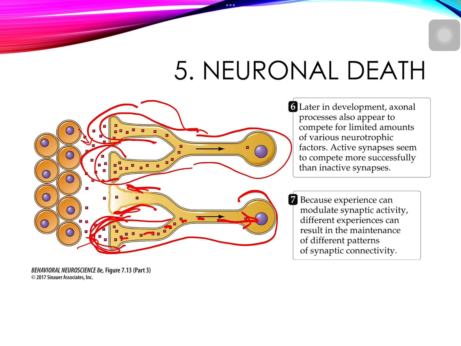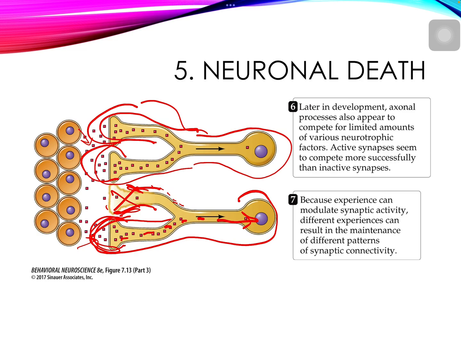And it's likely because this particular synapse is not innervating enough. There's not enough activity there. It's just not firing enough to take in these neurotrophic factors. And so what ends up happening is that this will die off, and that's where you start to get some pruning, and we see some selectivity in terms of synapses.